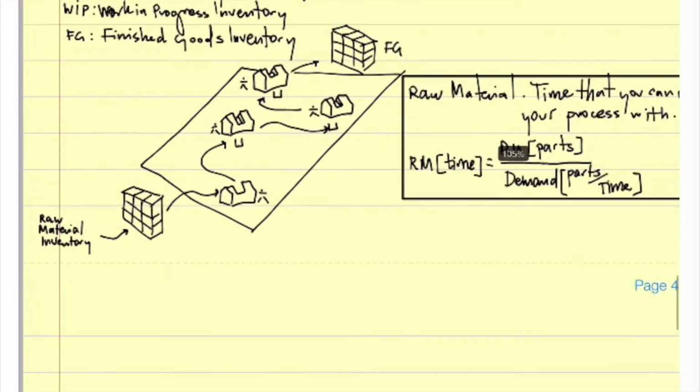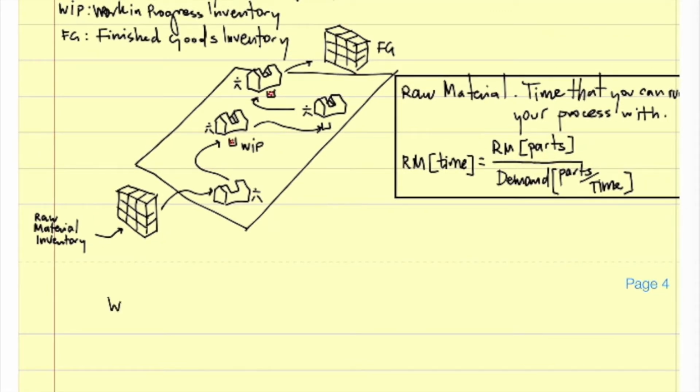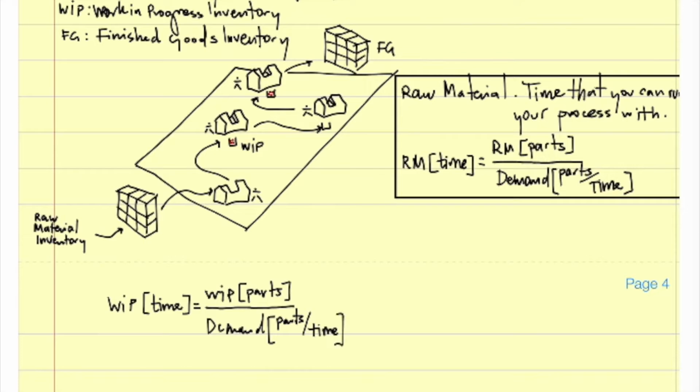Okay, so work in progress measured in time just gives you the measure of the WIP in parts divided by the demand. As I said, this is an important concept.